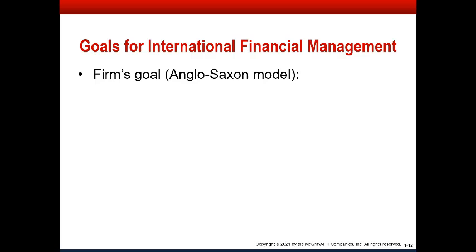Some people even put Hong Kong in there because Hong Kong's institutions were deeply influenced by Britain. And then Saxon would be mostly Germany or Northern Europe. So the Anglosphere and Northern Europe generally operate on the model of shareholder wealth maximization. The firm's goal is to maximize the value of their shares, their stocks.